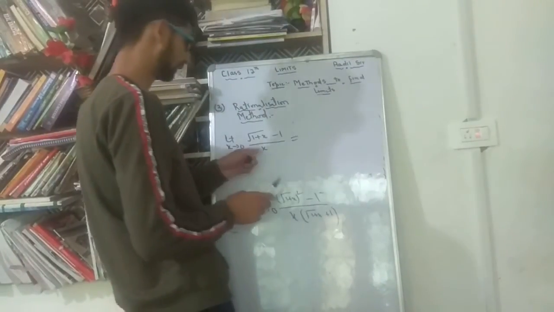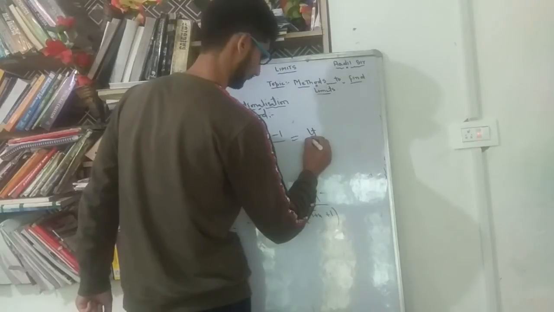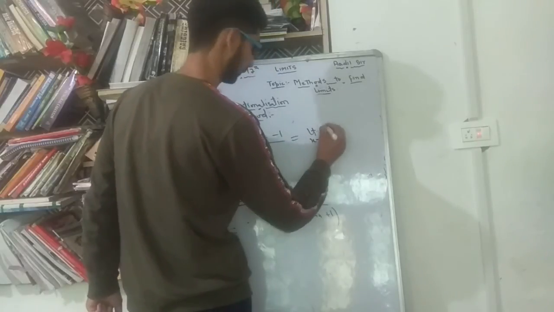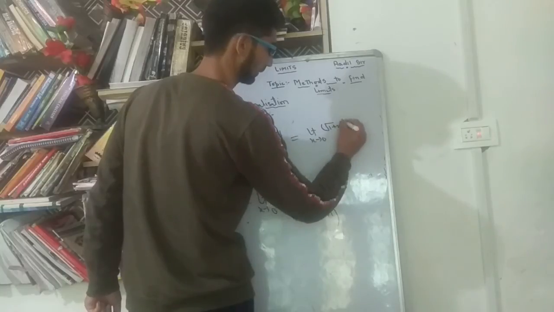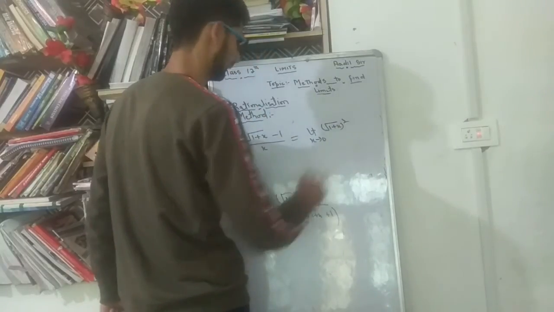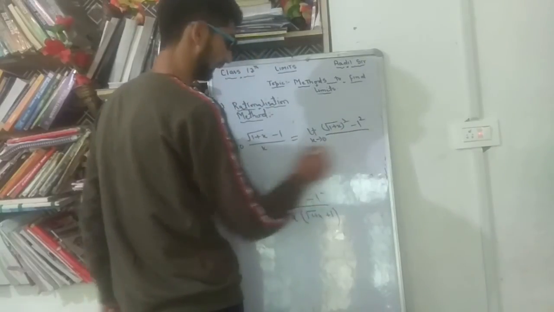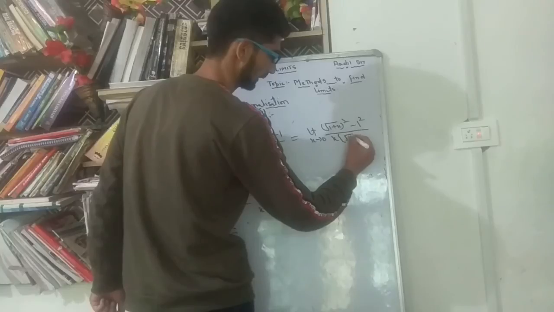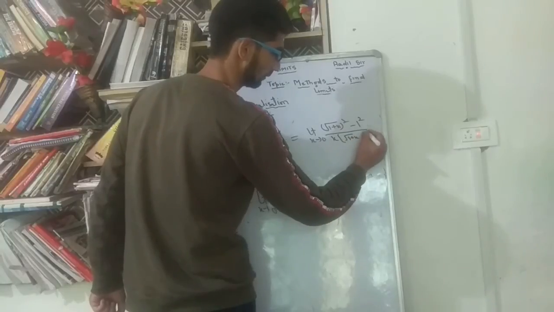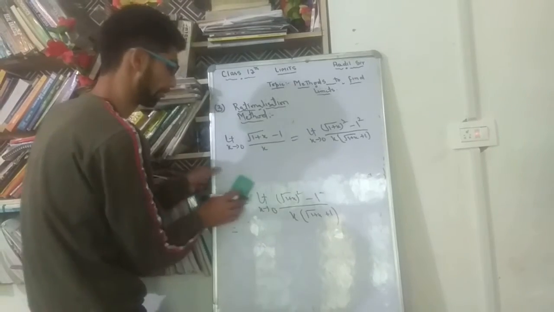I got this thing equal to, beta, limit x tends to 0, root of 1 plus x squared minus 1 squared, and then I got x into root of 1 plus x plus 1.